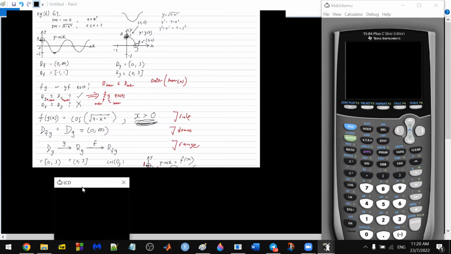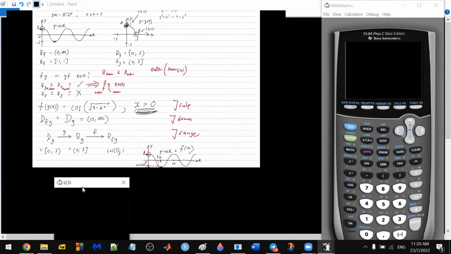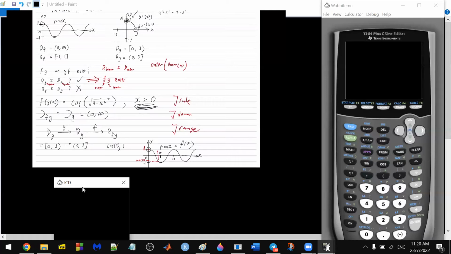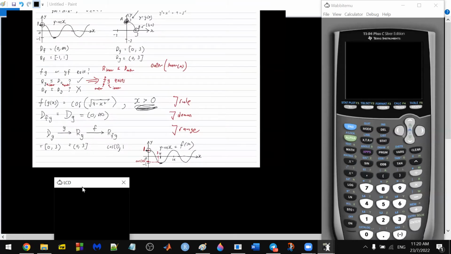Range: round bracket, square bracket. Let me see. You are including 3, but you exclude 0. You include 3. So what about cosine 3? If 3 is included, cosine 3 is included. Square bracket, then round bracket.